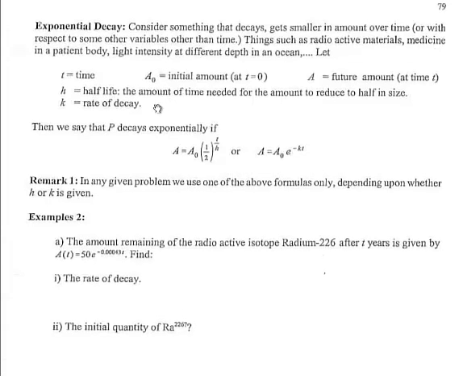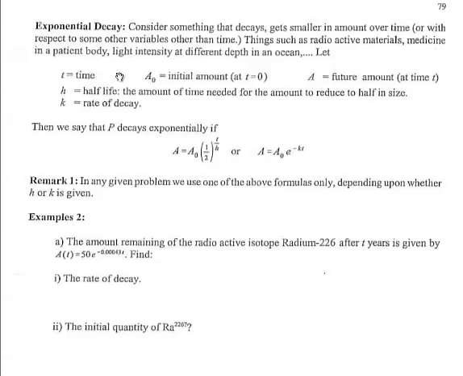The second page, and this is the last page of this section, there's only a few examples in this section. We can have things that decrease just as we did for growth. We call a decrease in population or a decrease in the amount of money exponential decay.